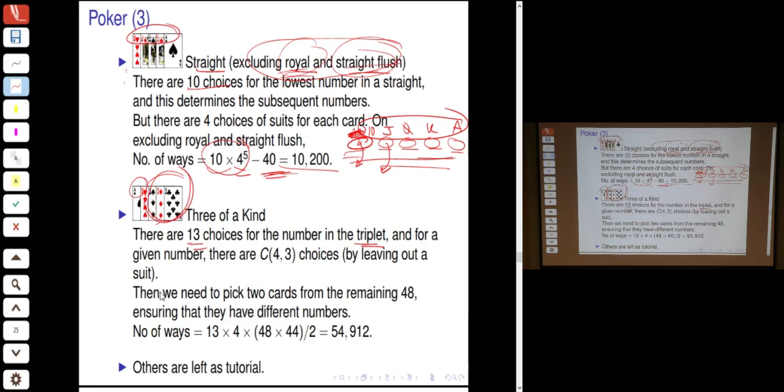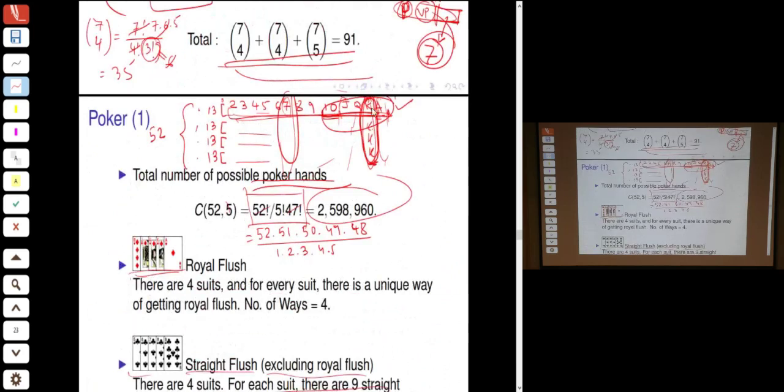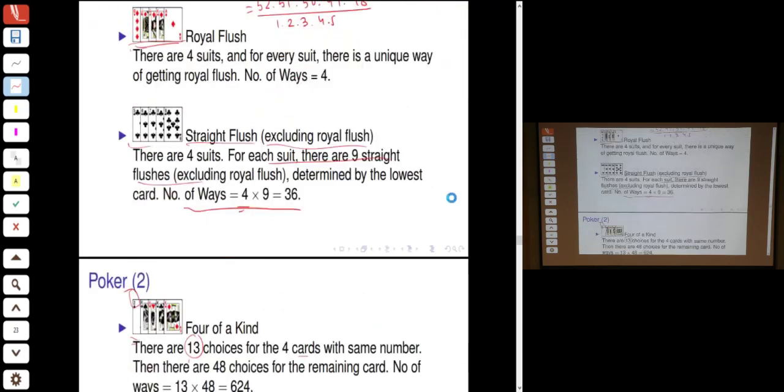And for every number you have 4 cards. Out of these 4 cards, you can choose 3 cards in 4 choose 3 ways, because you need a triplet for that number.